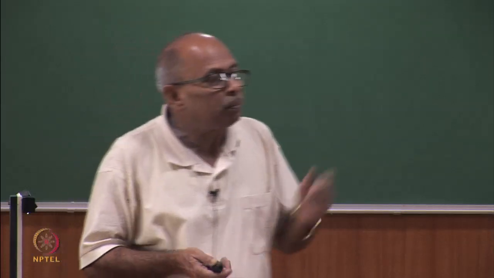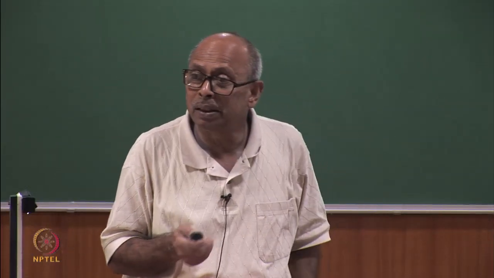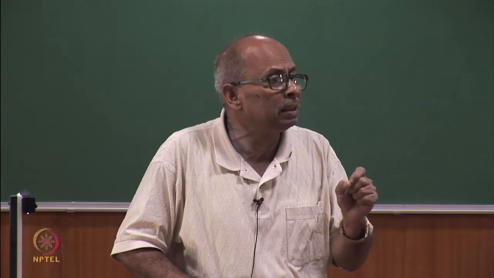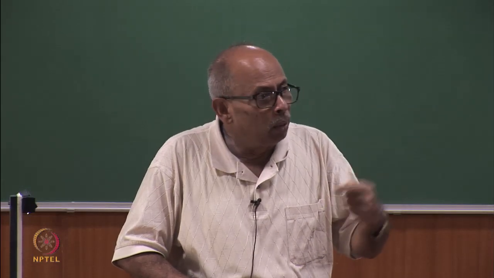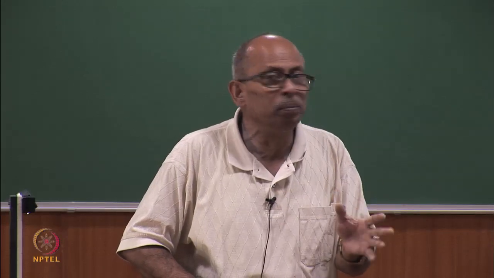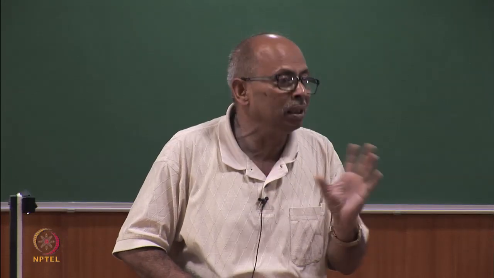Now let us look at how pressure distribution occurs around a building. As I said, it depends upon the direction of the wind, so consider this 45-degree angle. One thing I would like to highlight: we do not consider in detail normal wind, 5-degree incident wind, 10-degree, because wind direction keeps on changing.